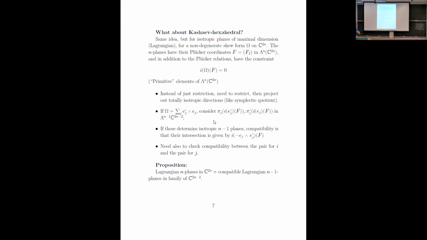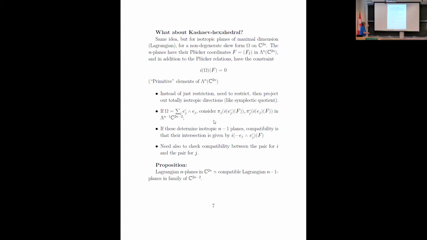So what about the Kashaev relations? Well, here you're looking at isotropic planes of maximal dimension, so Lagrangian subplanes, for a non-degenerate skew form on C^2n. So the n-planes have their Plücker coordinates, which are again just given as linear GL_n coordinates.